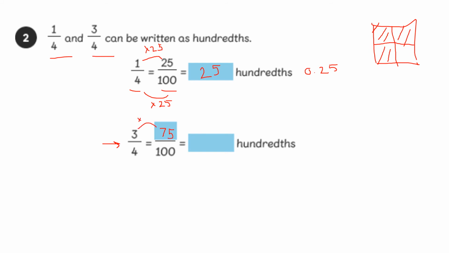Just like we did, we're going to go 3 times 25, that gives us 75, and then the same with the denominator, 4 times 25 is going to give us 100. So we know that 3/4 is equivalent to 75 hundredths, and we would write that as a decimal of 0.75. Right, let's click on.